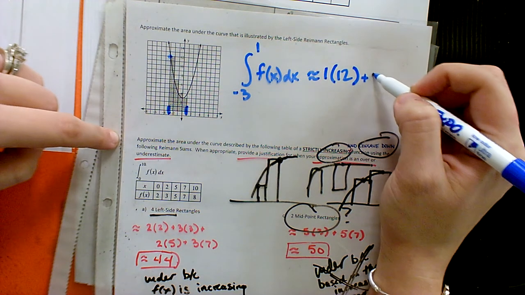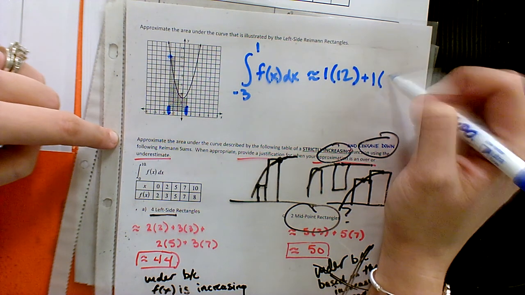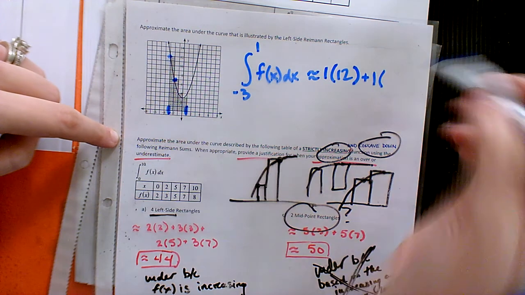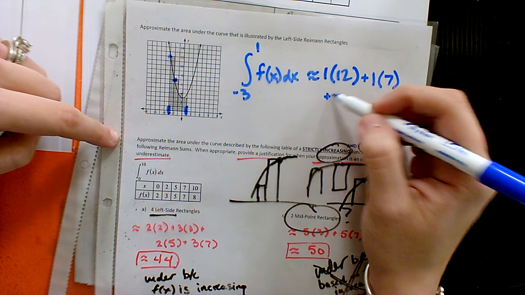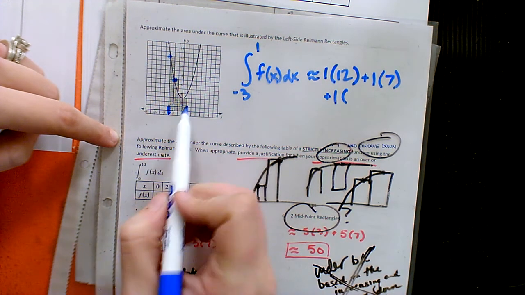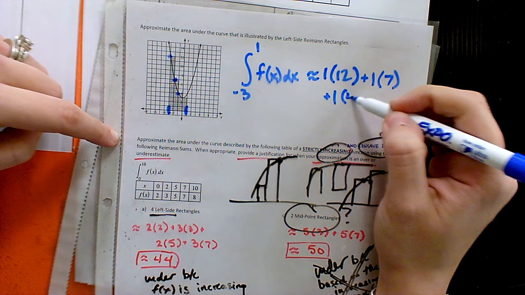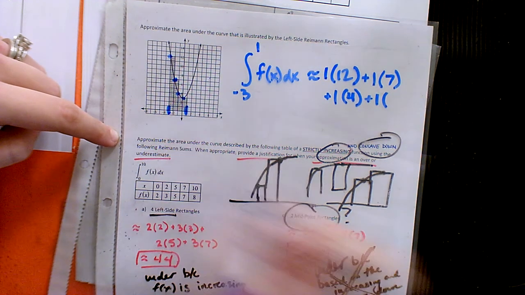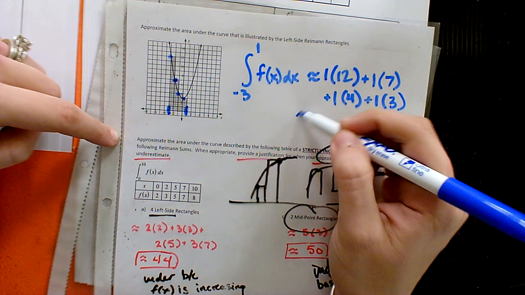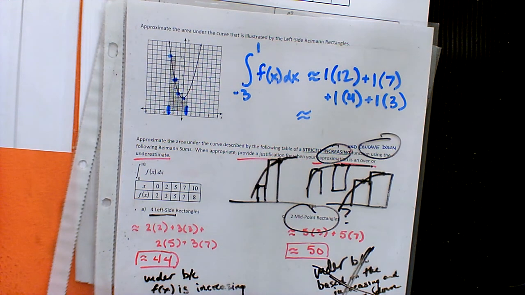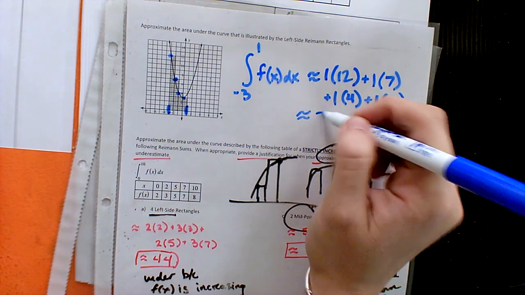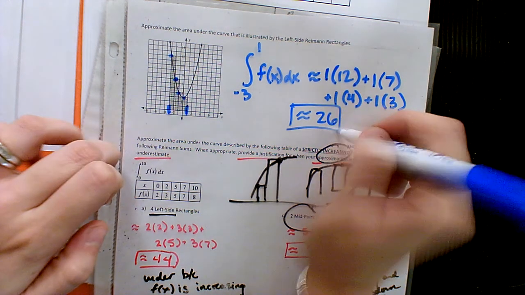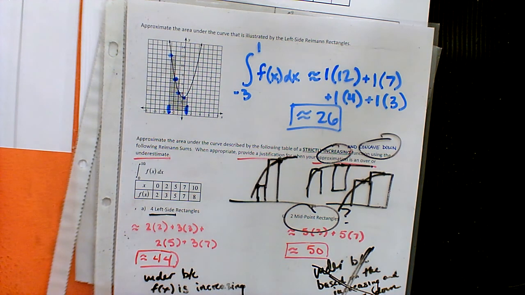Next rectangle, base of 1, height of 7. Fourth rectangle, base of 1, height of 4. Last rectangle, base of 1, height of 3. Okay? Approximation: 26. There we go. Looks good.